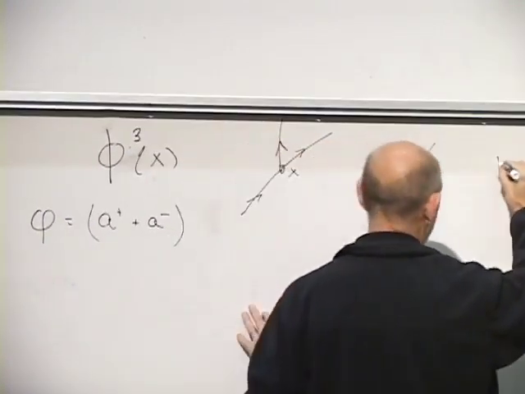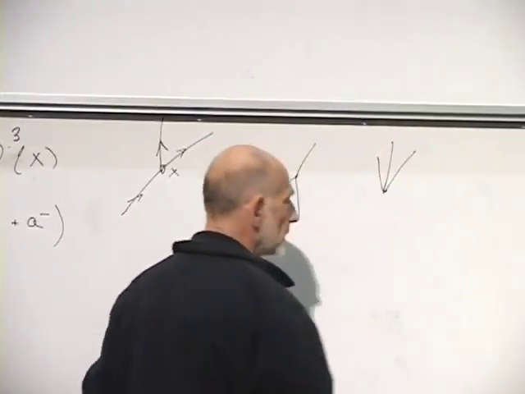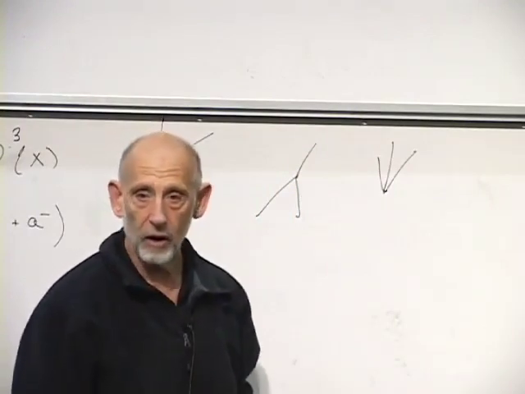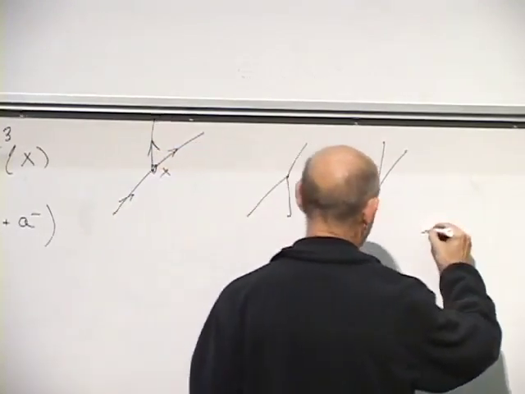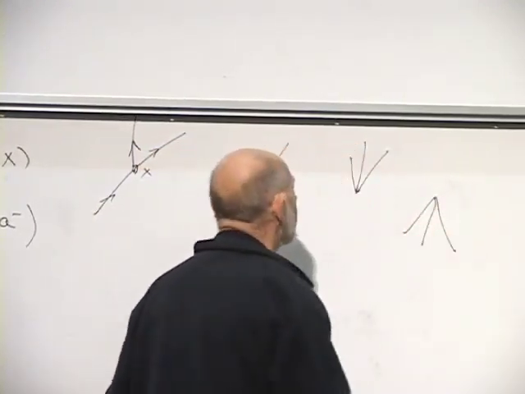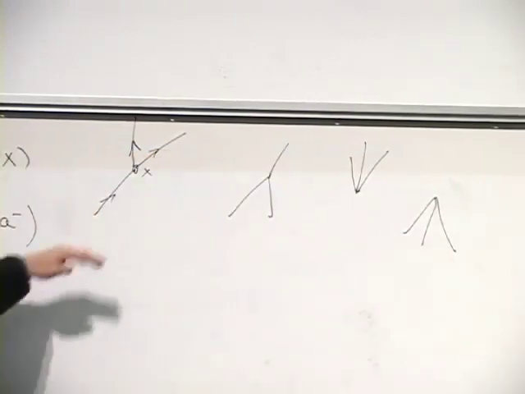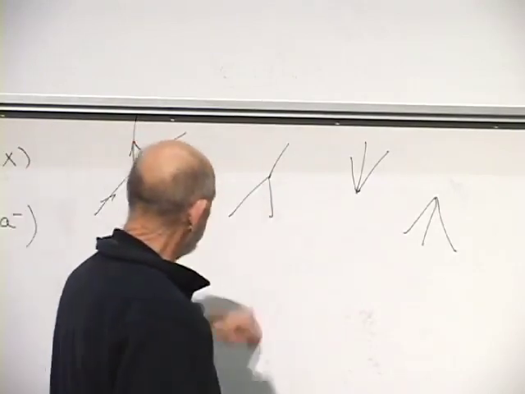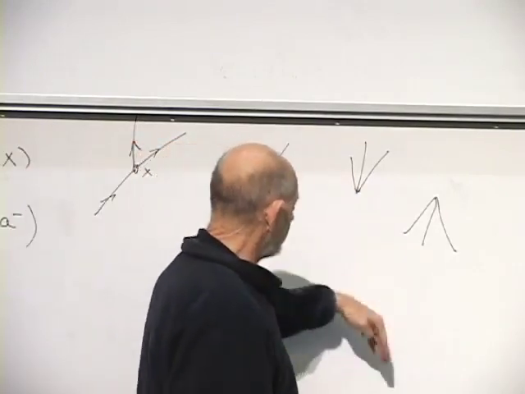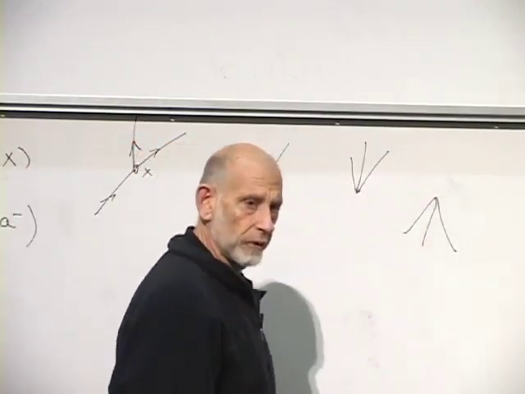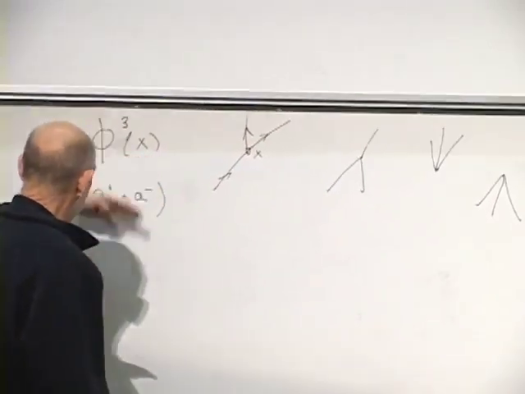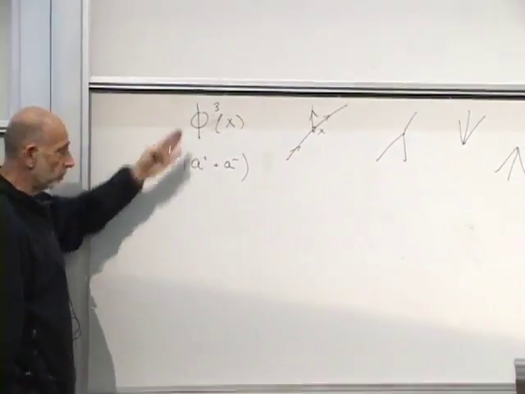There's a possibility of 3 particles going out, just produced at the origin. 3 particles coming in. What else? Have I missed anything? I think that's it. 1 particle goes to 2, 2 particles go to 1, no particles go to 3, and 3 particles disappear. That's the kind of thing which would be codified by phi cubed of x.